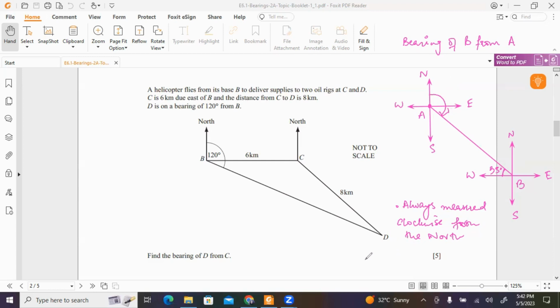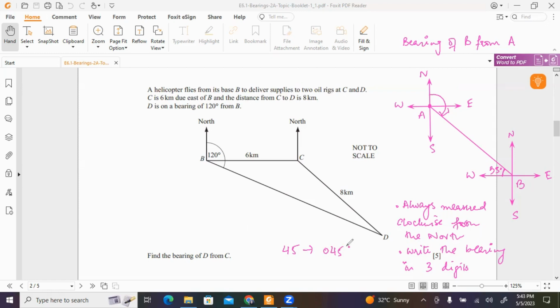Secondly, we write the bearing in 3 digits. For example, 45 would be written as 045 degrees. So that's how you write the bearing. It's always written as a 3-digit number.